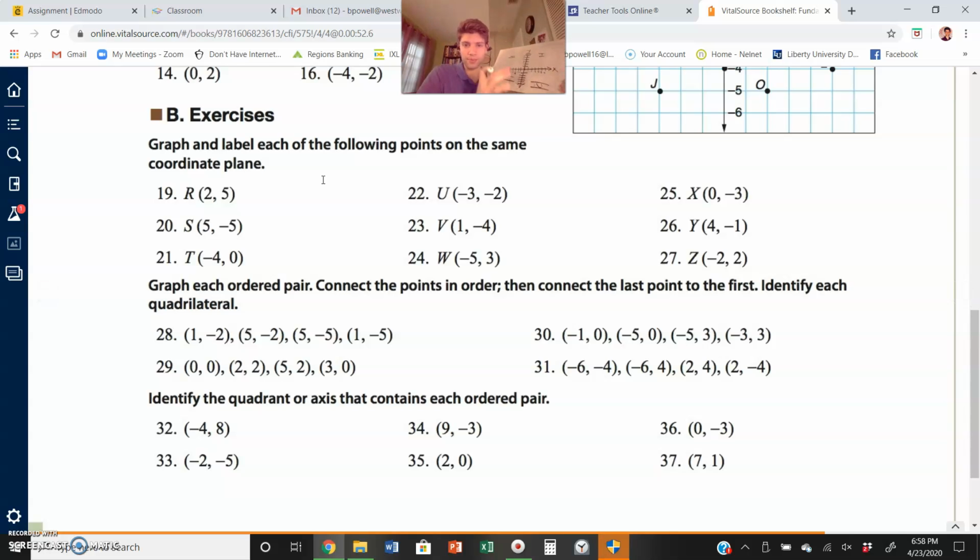This is why graph paper, I put on the assignment, graph paper is the best. I would draw a coordinate plane, and if you look at the numbers, the highest number we see, let's look at the biggest x. There's a 5, there's a -5.